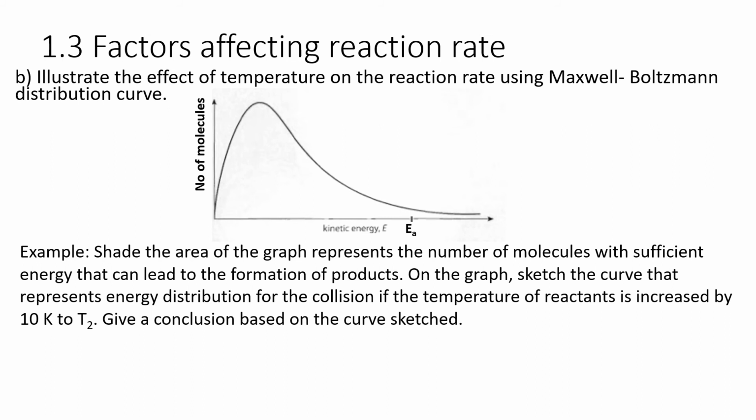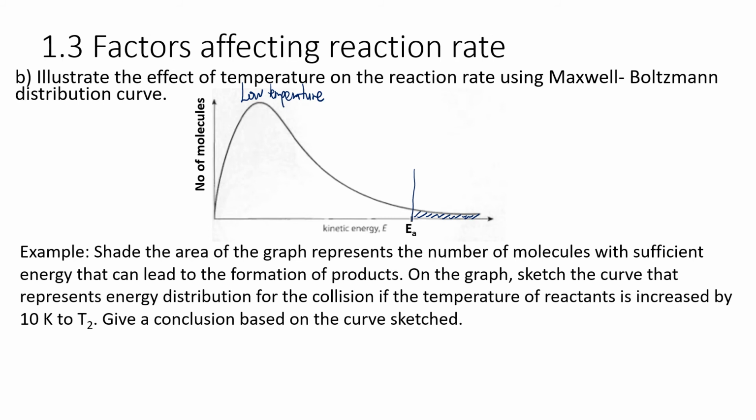So in the Maxwell-Boltzmann distribution curve, the y-axis is the number of reacting molecules in the system, and the x-axis is referring to the kinetic energies of the molecules in the system. So at low temperature, only this much of molecules with kinetic energy equal or greater than the activation energy.